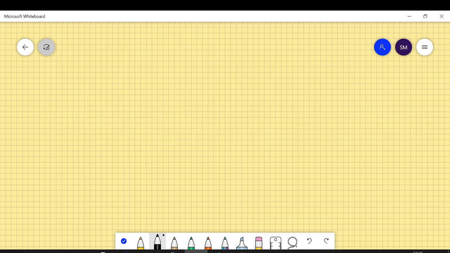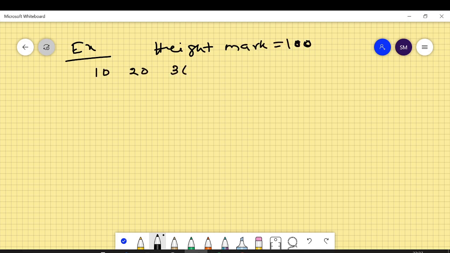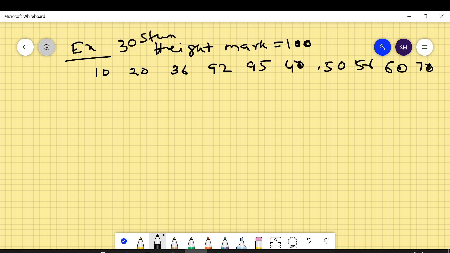Then take another example. Consider marks scored by 30 students in a class test out of 100 marks. Suppose the highest mark is 100.